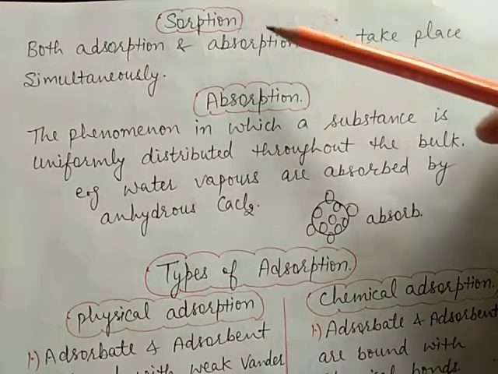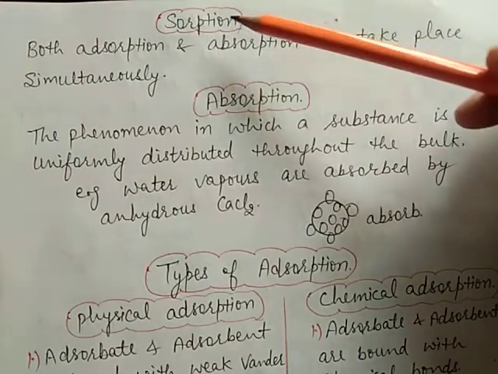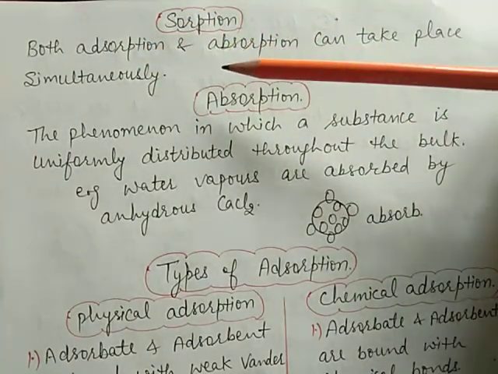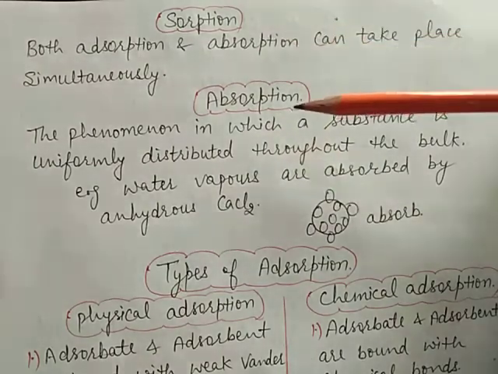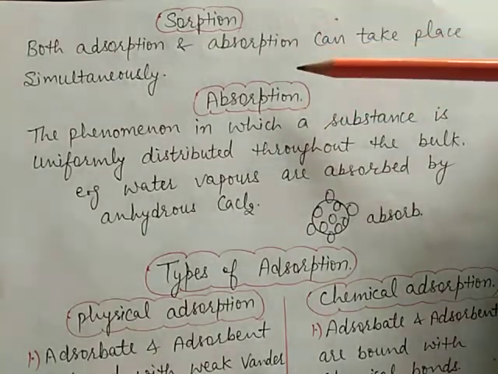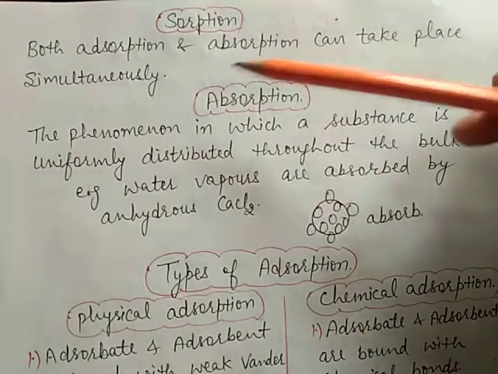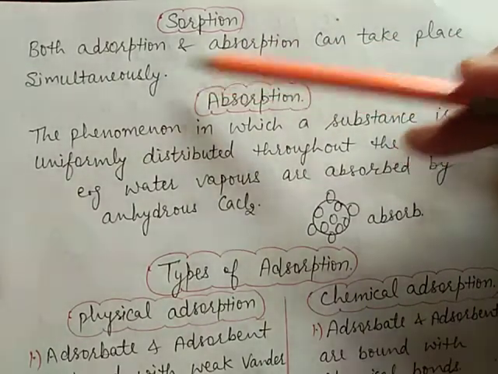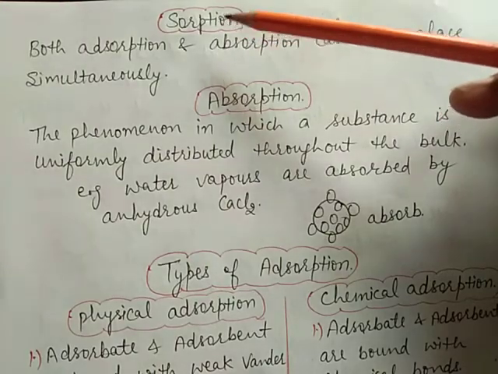Now the next term is sorption, means both adsorption and absorption, absorption means inside intake, can take place simultaneously, means both processes take place simultaneously. This process is called sorption.